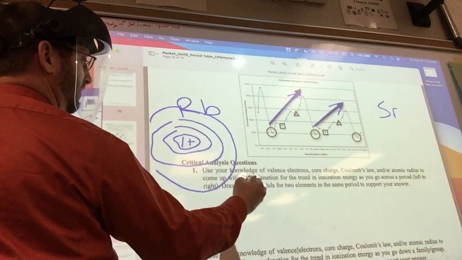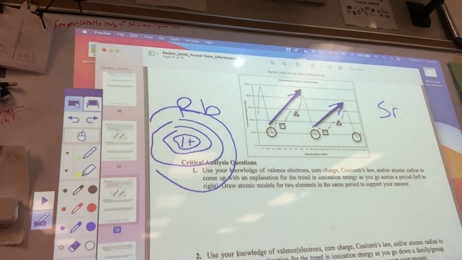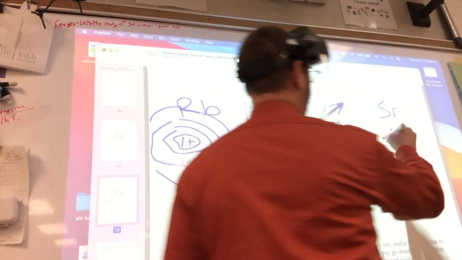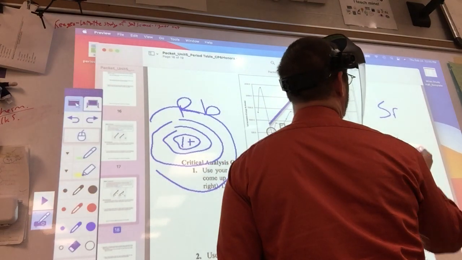Five rings. Yep. And here's okay, that's good for now. Group 2, how would you draw strontium, even though that might not be the element you picked? Yep. 5 rings.